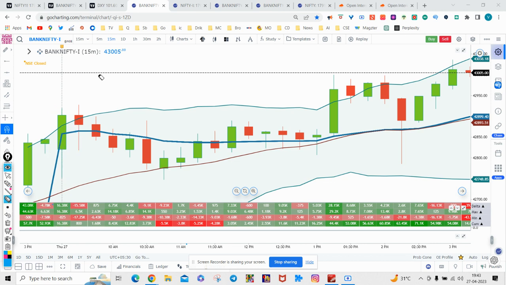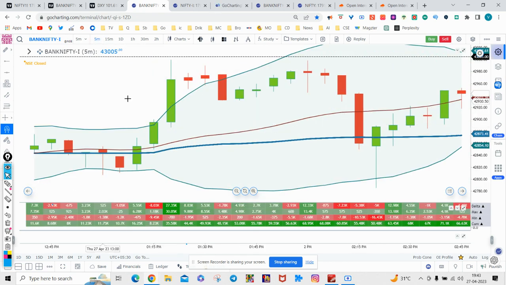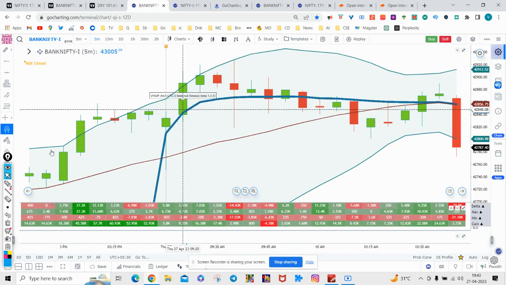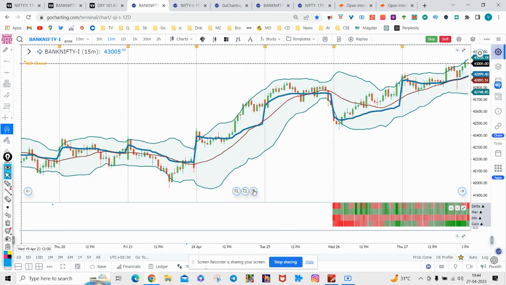If you look at it from a 5 minute time frame, when you break this up, you will find that whatever was happening in the first 15 minutes is happening with a very low delta, in the same range. And as it goes up, the candle size is getting lower, so typically facing some exhaustion at the top. So this is how you come to the conclusion that, at least for now, the price is getting exhausted.